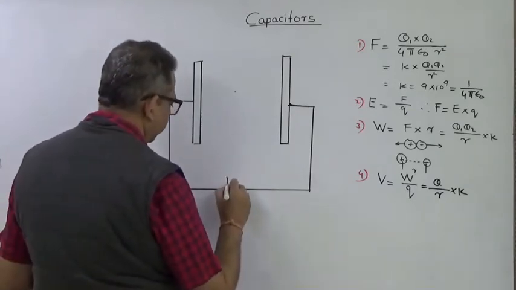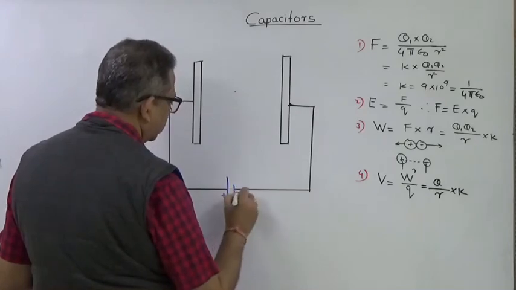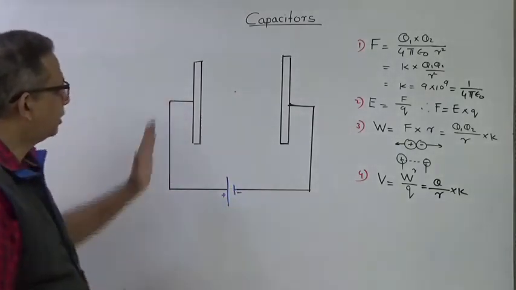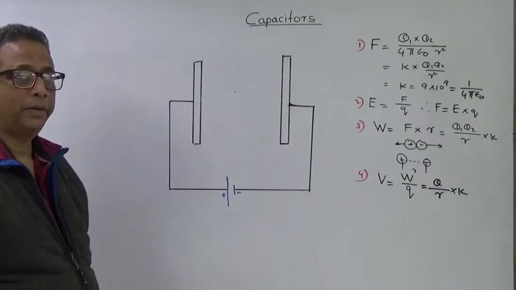Let us connect a positive and a negative to two different plates. Both of them are metallic plates.